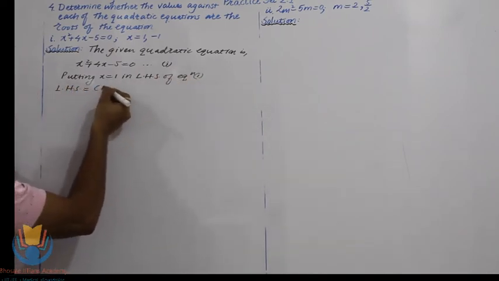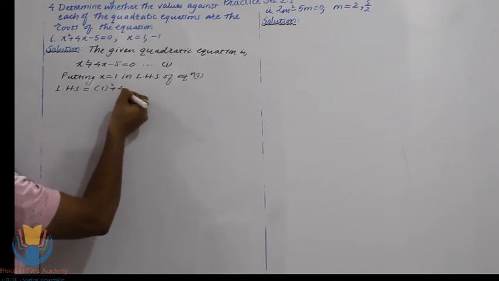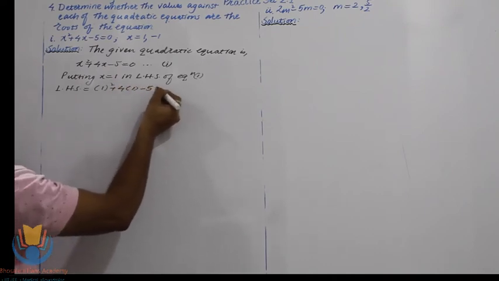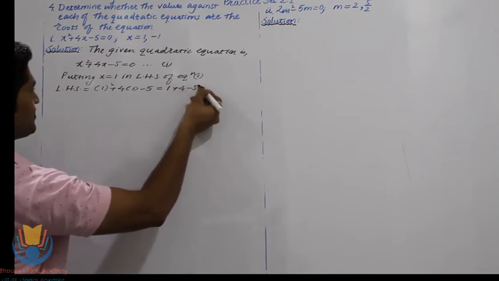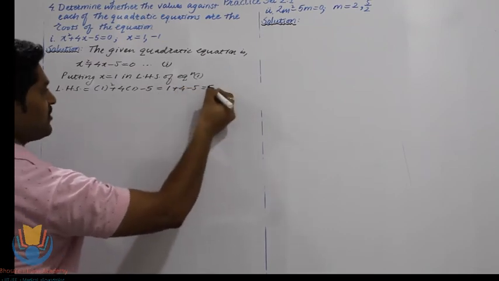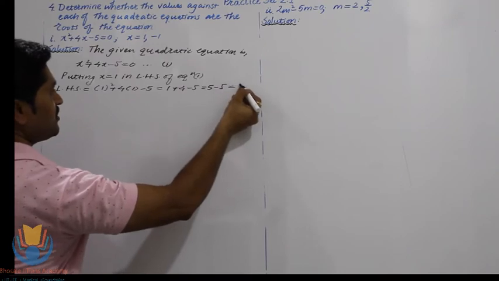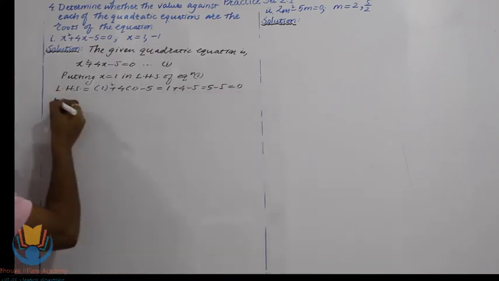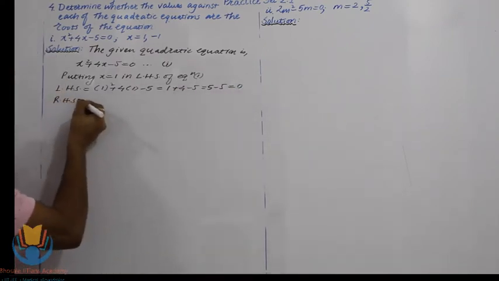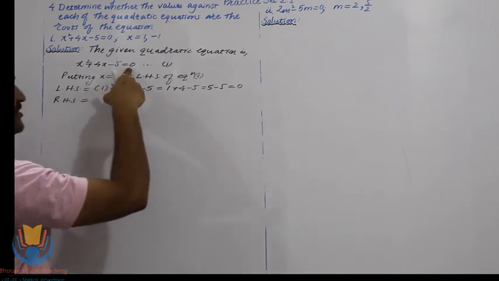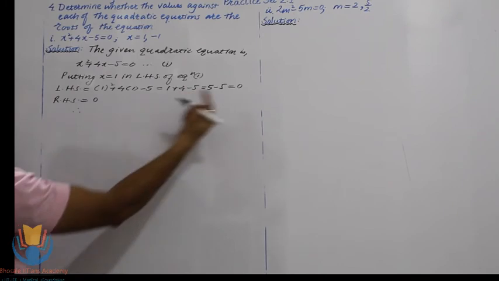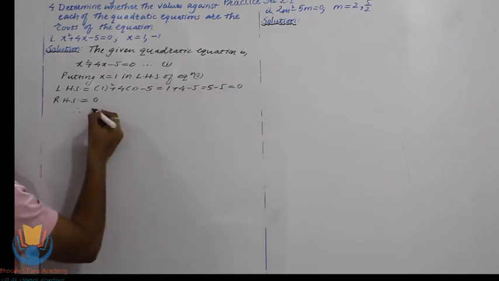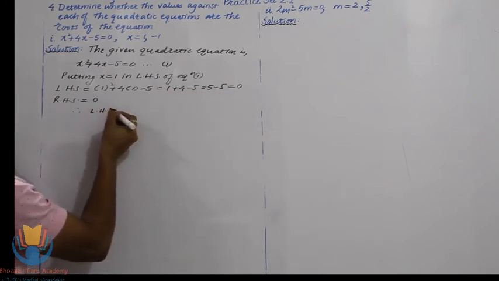So LHS is nothing but 1 square plus 4 into 1 minus 5. So 1 square is 1, 4 ones are plus 4, minus 5. So 4 plus 1 is 5 and minus 5 is equal to 0. And in the right hand side there is no term of x to be substituted. So simply we will copy that 0, and here we will compare whether those left hand side and right hand side are equal or not.